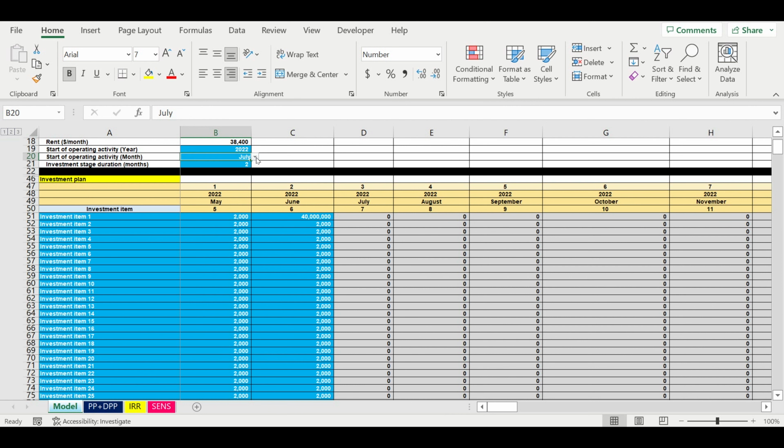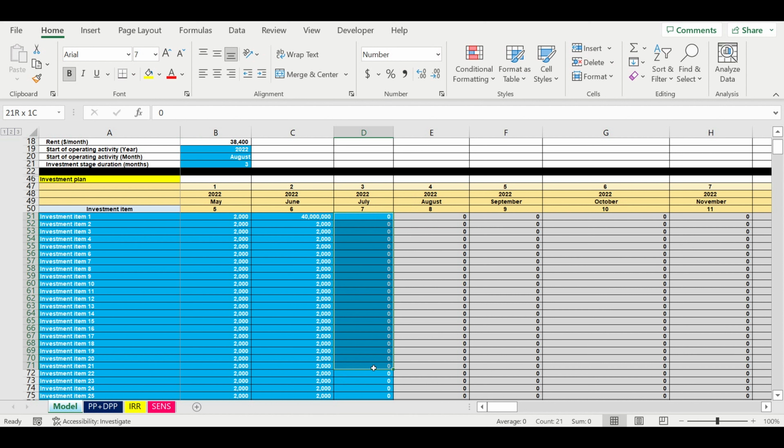For example, if we start operating activity in August, here we see August, and our whole project automatically shifts the start of operating activity to August. If for example the investment stage duration will take 3 months, we can see here an additional month of inputs colored with blue. So this is very important.